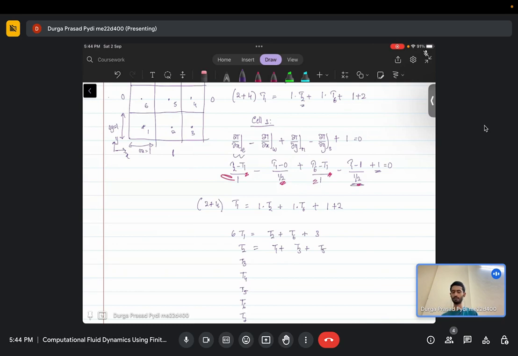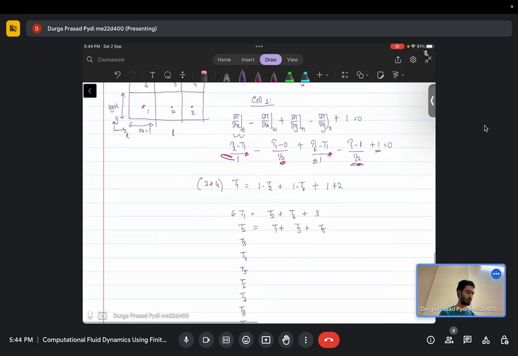So what are the coefficients? The coefficients will be similar in every direction, only for the boundaries is where you get different coefficients. So for cell 2, each of these coefficients will be 1. So now you have 3 coefficients, like you always see AP is sigma A and B plus some additional terms.